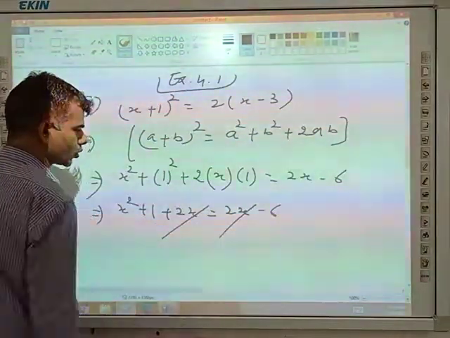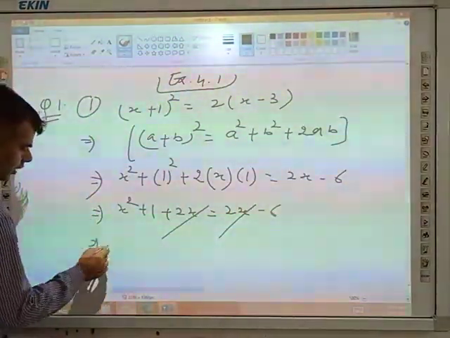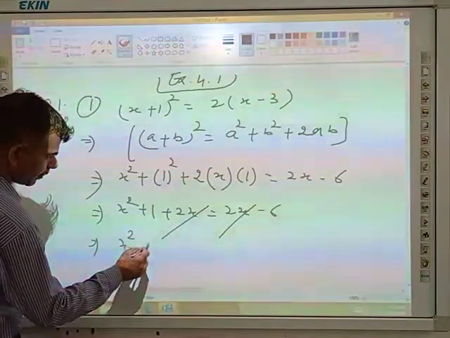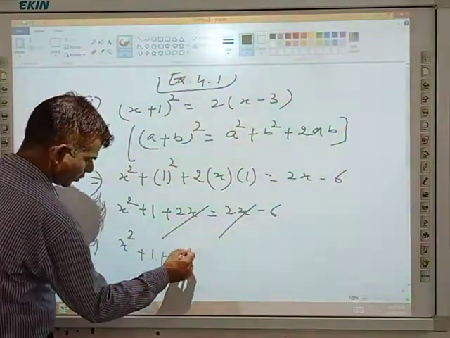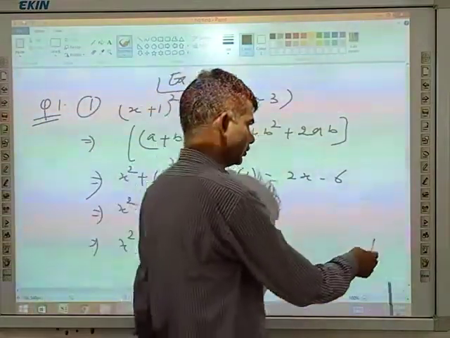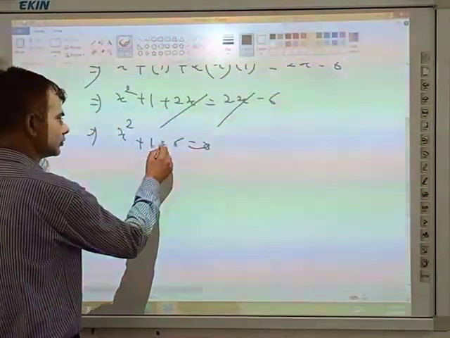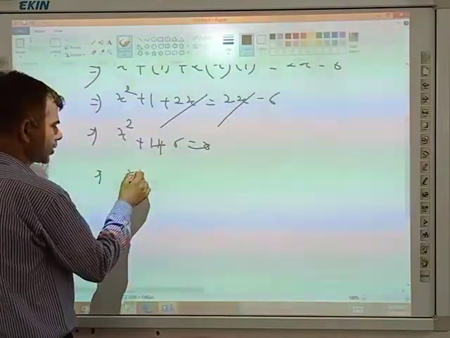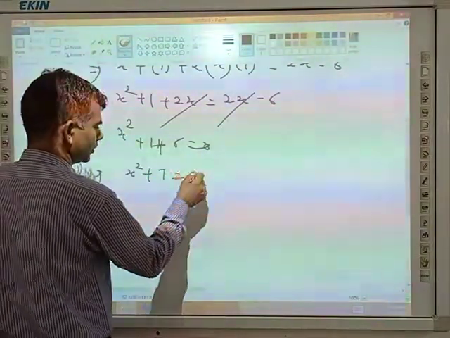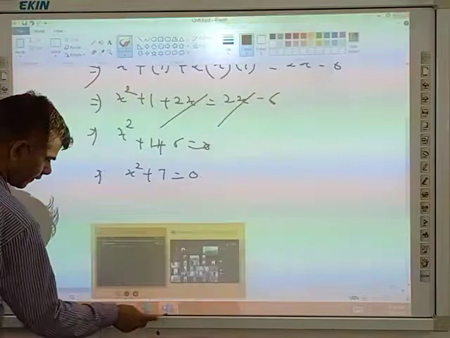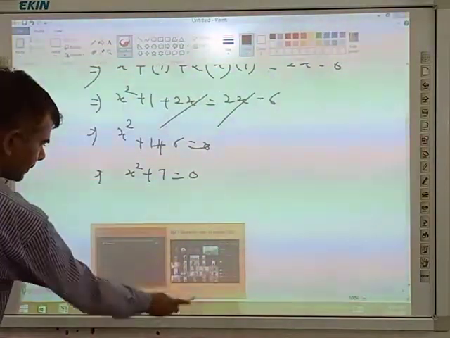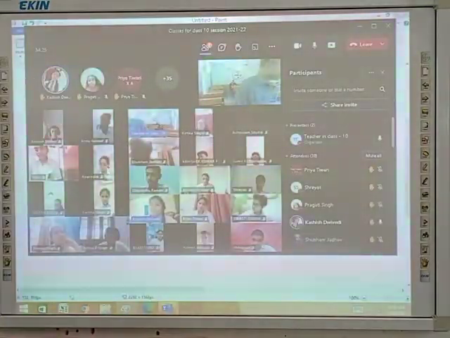Twice of x cancels out. Now it becomes x square plus 1 plus 6 equal to 0, that is x square plus 7 equal to 0. So it is not in the form of a quadratic equation.